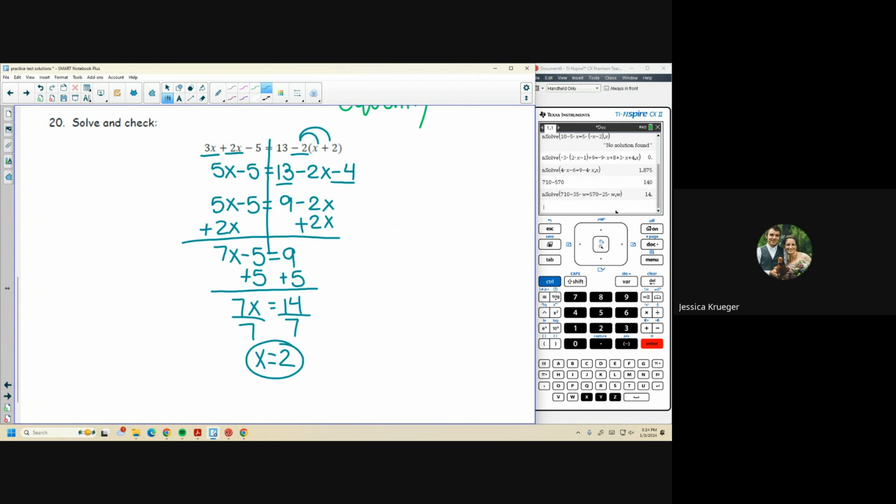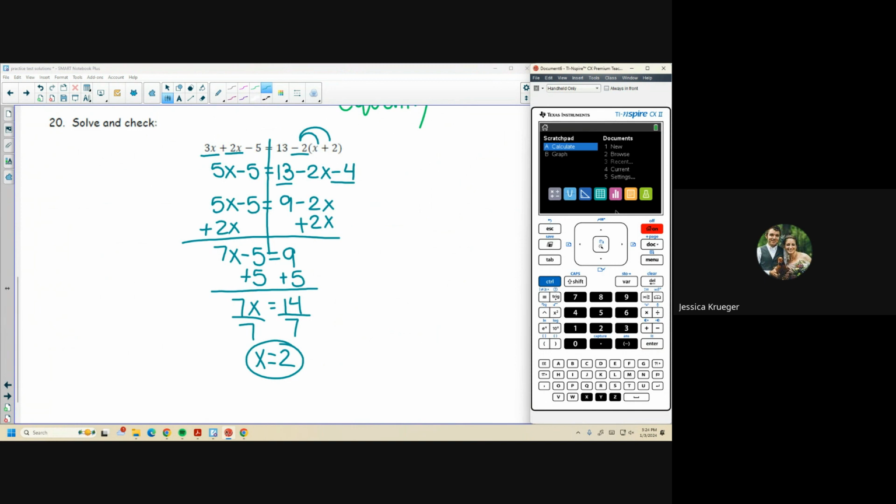If I want to check this, which would be a really good idea, I'm going to open a new page just in case there's something stored in my calculator that I forgot about. I'm going to add a calculator page.